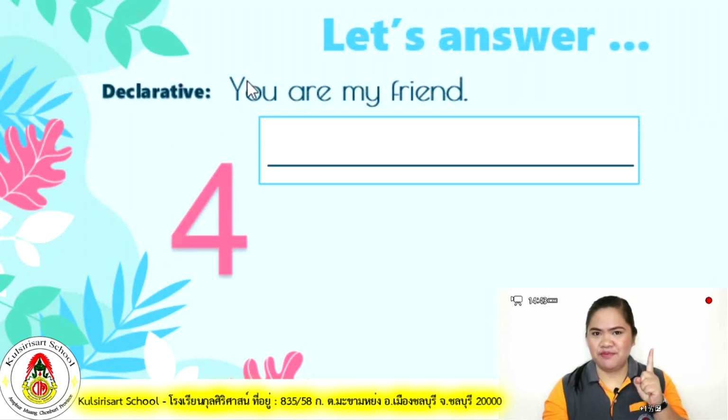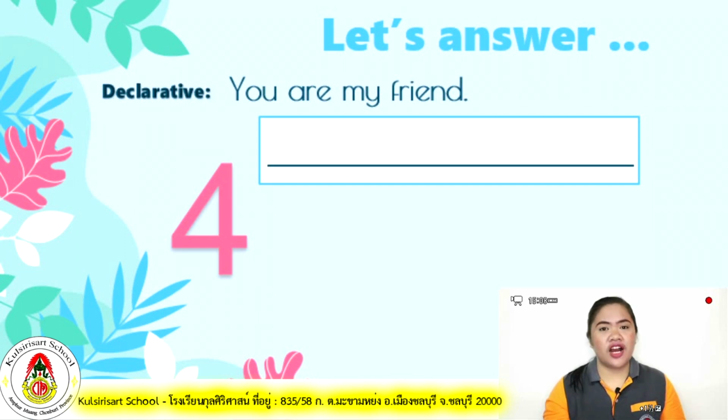So now, let's have another sentence. But this time, you will be the one to tell me what is the correct yes or no question form for this sentence, okay? You are my friend. Again, the declarative sentence is, you are my friend. So, what should be the yes or no question for this?